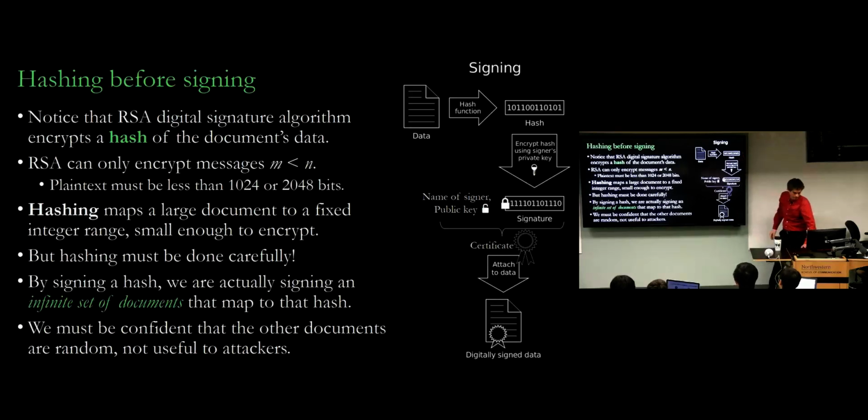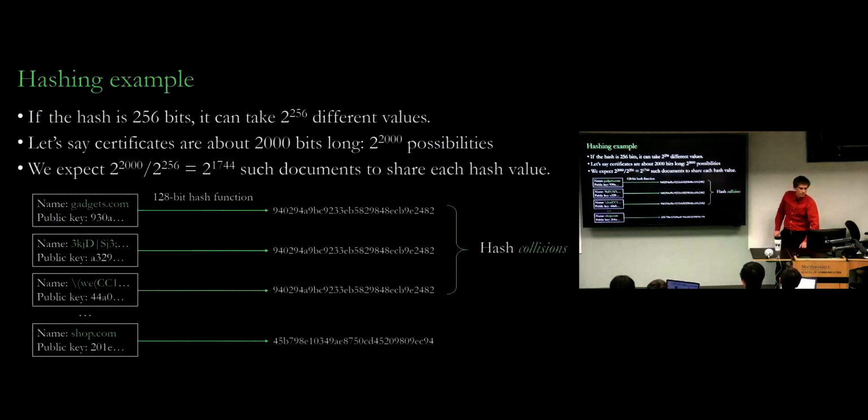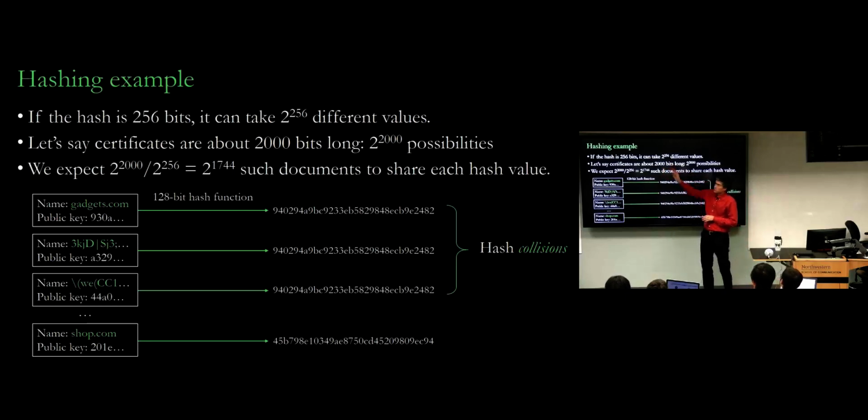Right? So let's give an example. If the hash is 256 bits, then it can take 2^256 different values, so lots of different values. But certificates are longer than 256 bits. So let's say certificates are about 2,000 bits long.